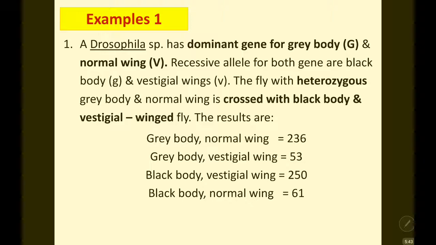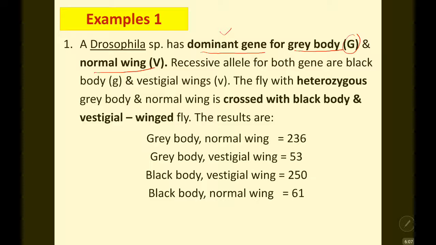Let's see one example question here. A Drosophila has dominant genes for gray body and normal wing. They gave the letter capital G for gray body, so we understand that gray body is dominant. Normal wing is capital V, so normal wing is also dominant.